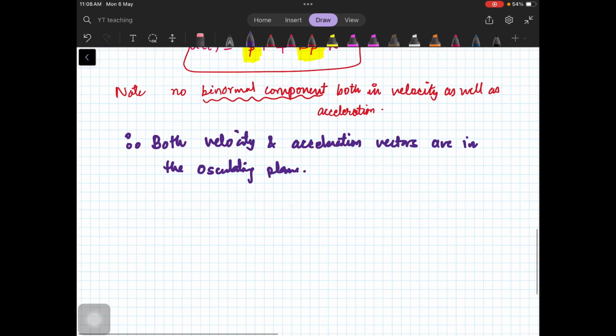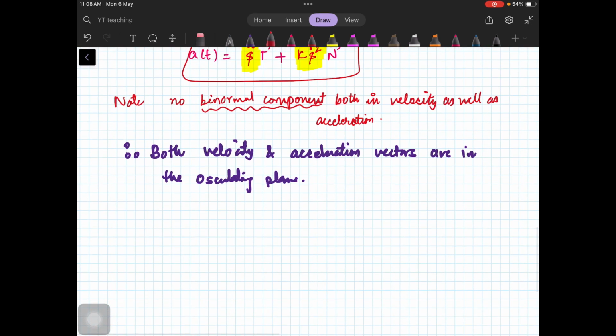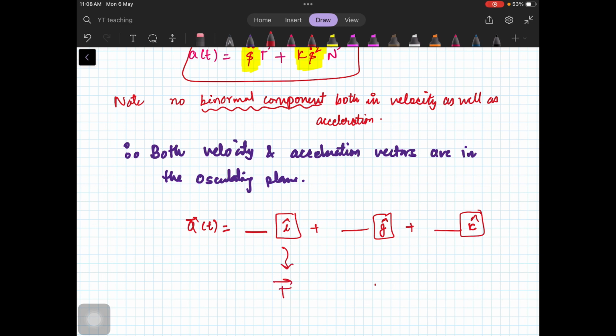So basically, the only thing you are doing here is writing acceleration as a vector. You may know it in terms of i, j, and k cap, right? So this is one Cartesian system we have, but now we want it in terms of T vector, N vector, and B vector, because this is our personal Cartesian system.